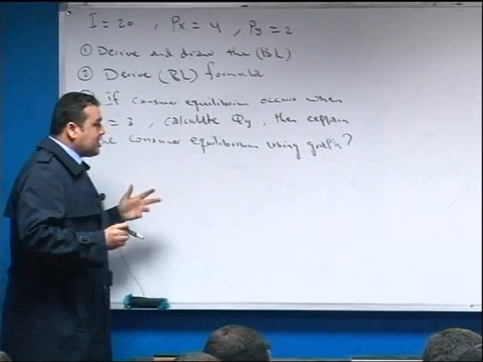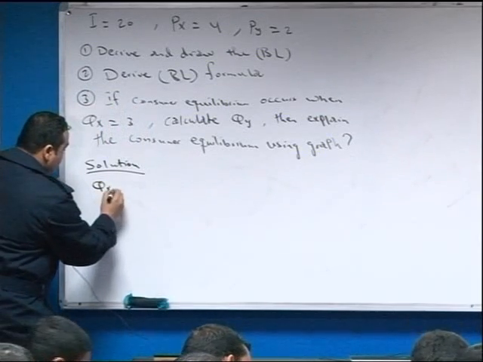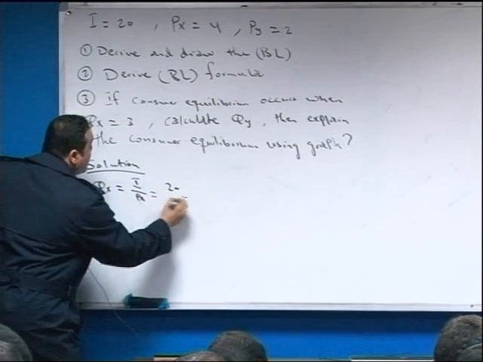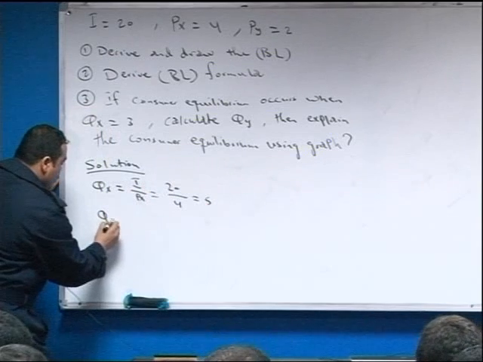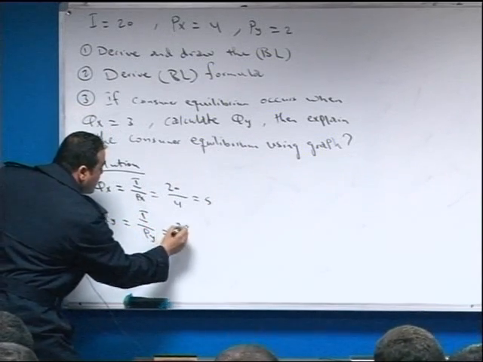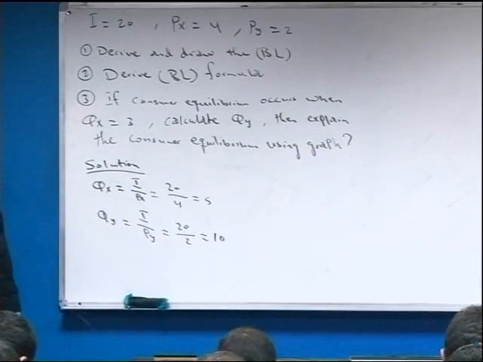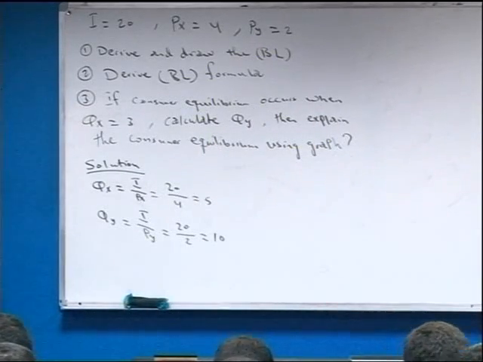To derive the budget line, we have Qx equals I over Px, 20 over 4 equals 5. Qy equals I over Py, 20 over 2 equals 10. Right? So let's draw the budget line.